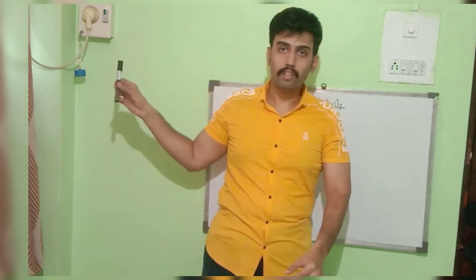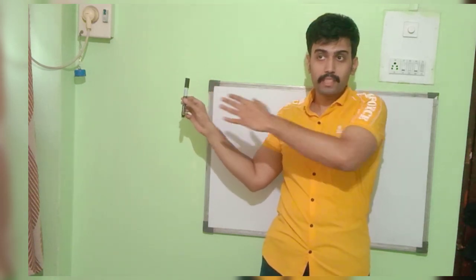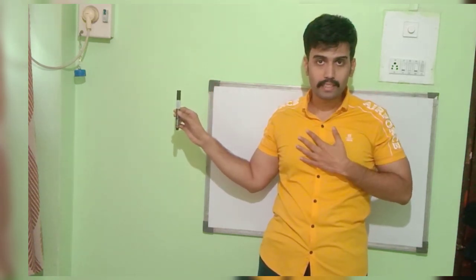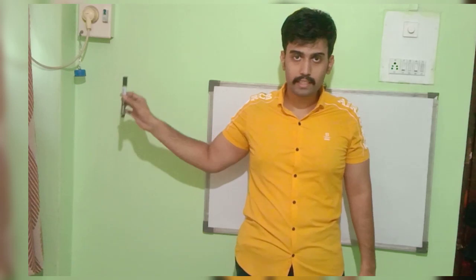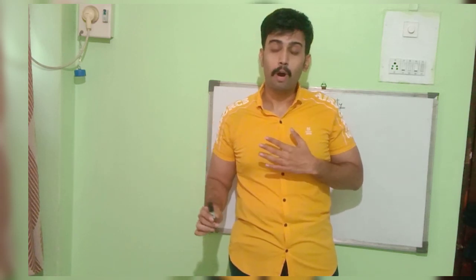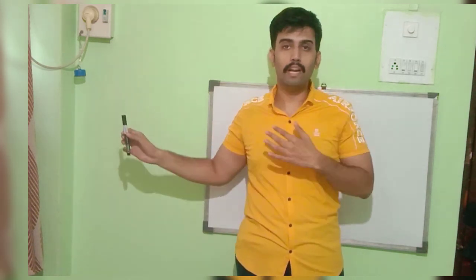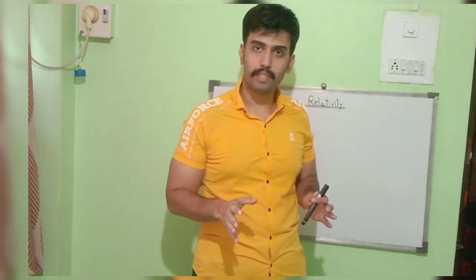But if the same person travels and goes to this side, for that person standing here, I am standing towards his left hand side. Each person, wherever he is, has his own perspective or point of view of thinking.